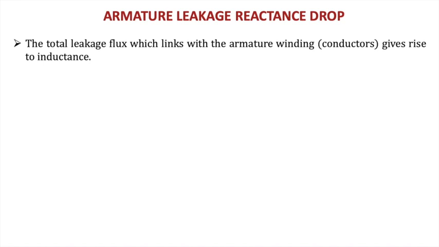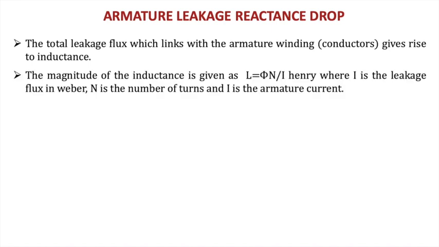The total leakage flux which links the armature winding gives rise to the inductance, and we have already studied the armature reactance, which behaves similar to an inductive load. The inductance is given by L = phi n by I. You all know the formula, where I is the current, phi is the leakage flux in webers, and n is the number of turns.